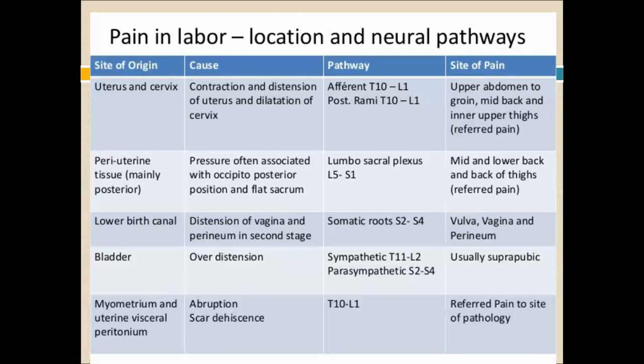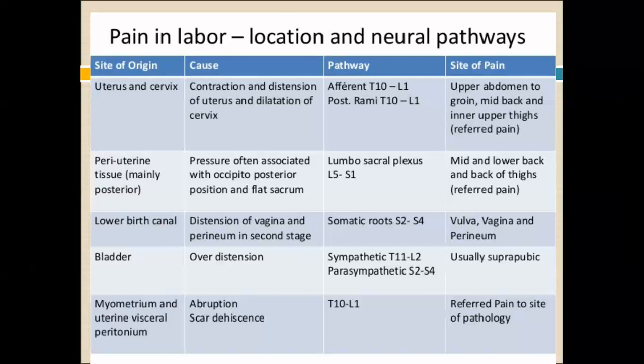It is a referred pain to that area. Periuterine tissue, mainly posterior tissue: pressure often associated with occipito-posterior position and pressing on the flat sacrum. This pathway is through the lumbosacral plexus L5 to S1. The pain area is mid and lower back and back of the thigh, referred pain.